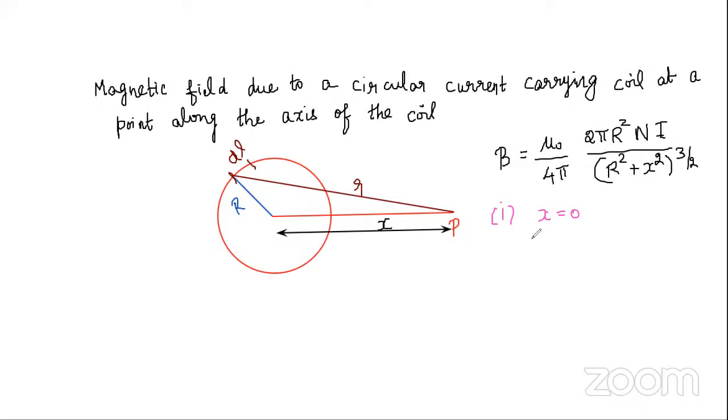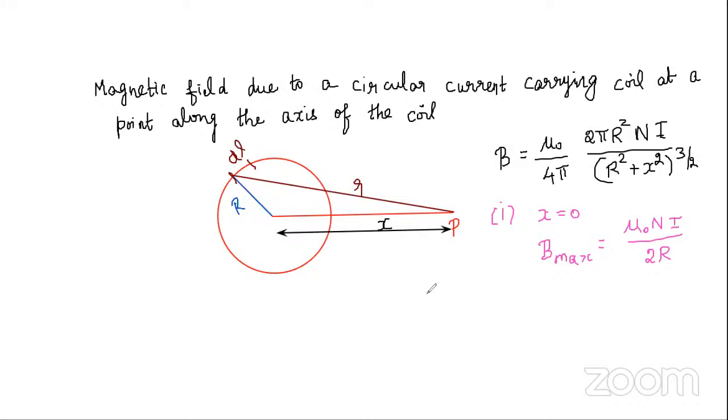It will be maximum. B max is equal to mu naught Ni divided by 2r. How did we arrive at this expression? You can substitute x equal to 0 and simplify the entire equation. You will get mu naught Ni by 2r. This is the first case.